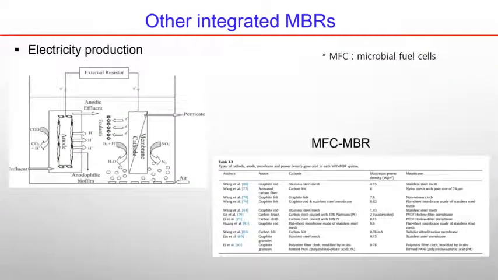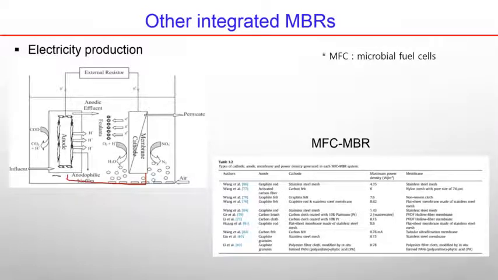Second, I will explain integrated MBR that can produce electricity. MFC can convert the chemical energy in organic matter into electrical energy by the catalytic reactions of microorganisms. MFC is generally composed of two chambers, as shown in the pictures on the left side.